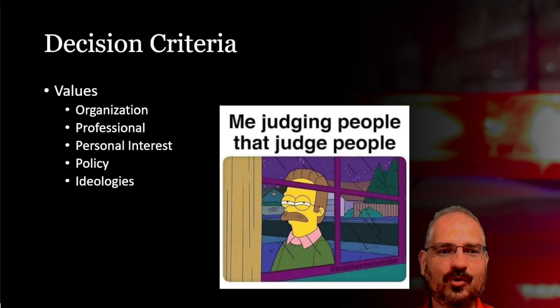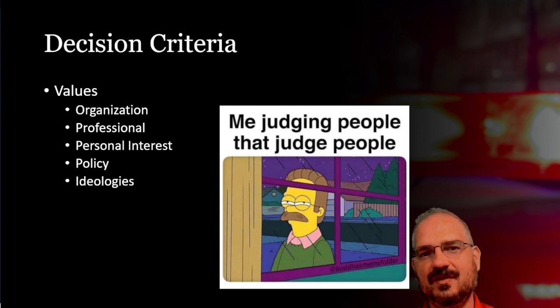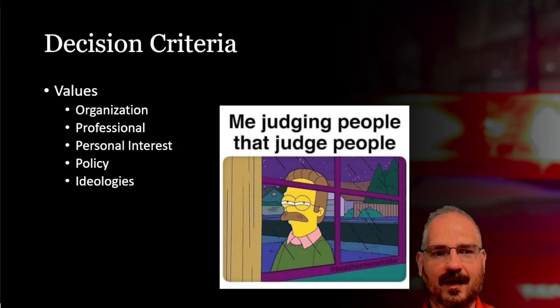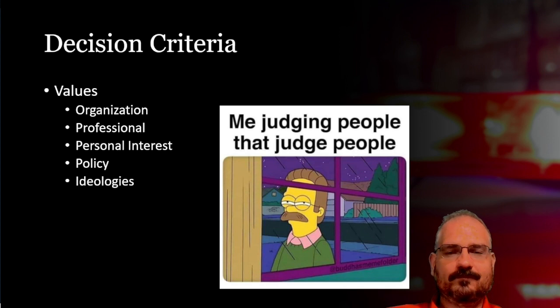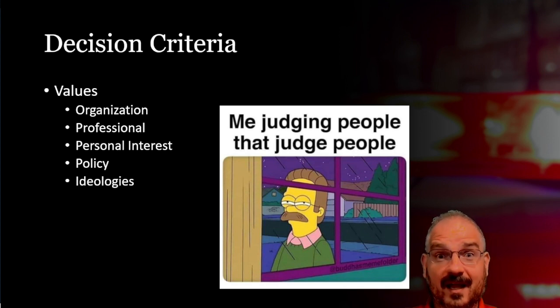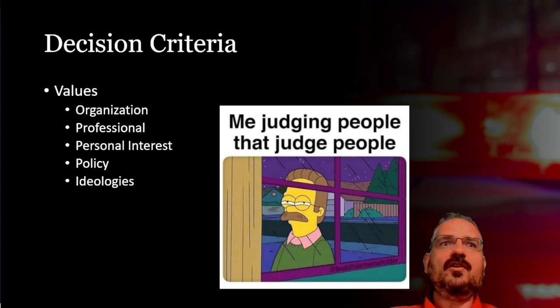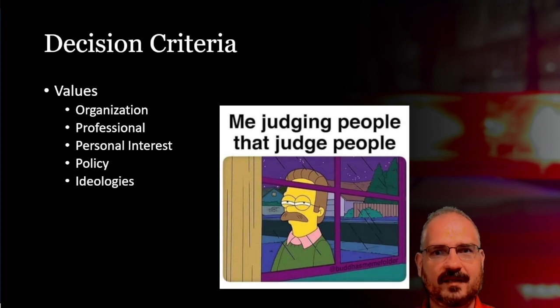And there are lots of different sources of values or types of values, right? There's the organizational values. So if you belong to an organization, whether it's the EPA or the House of Representatives or a university like I am, that organization's values tend to affect your decisions, right?